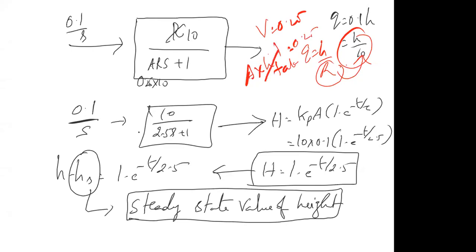So the height of the tank is 1, so the area is 0.25. See, Hs is the steady state height of the level in the tank. Now you should not take it as 1.